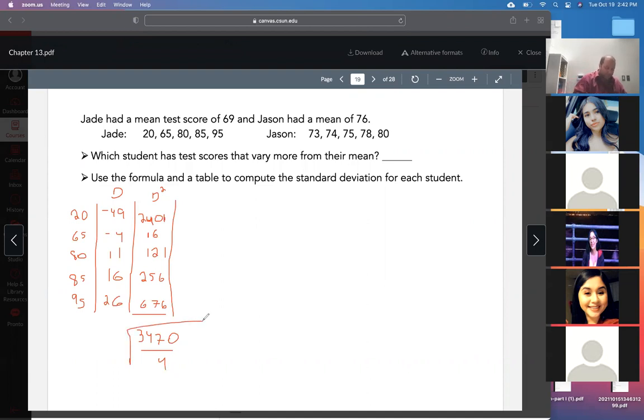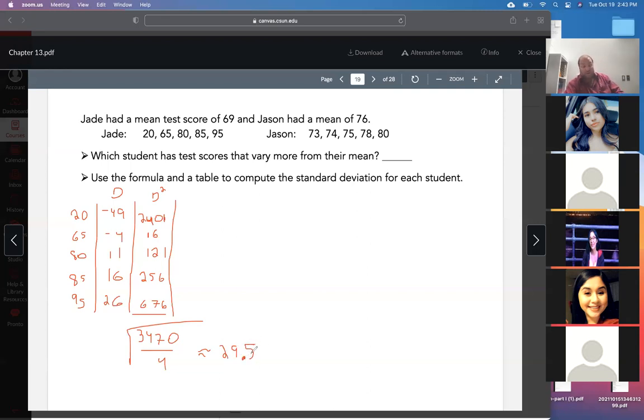So what do I get approximately? I got 29.45. We'll round to 29.5.